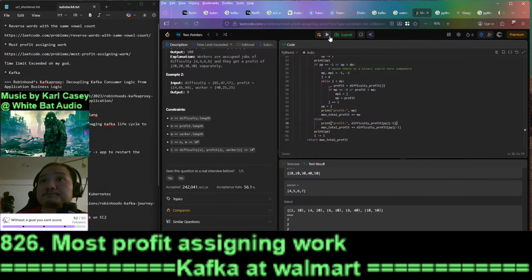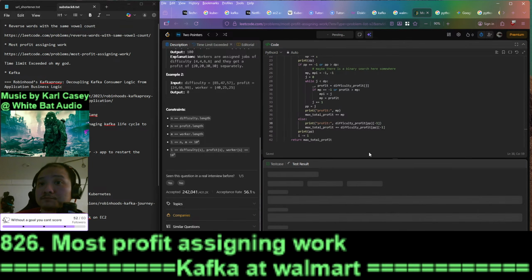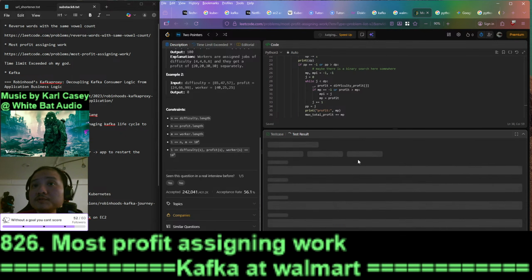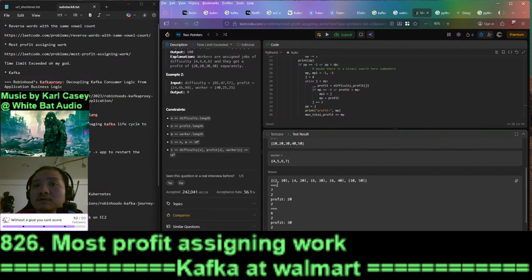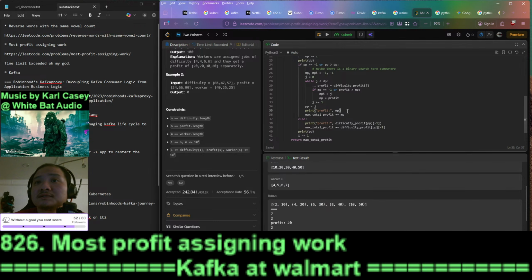Okay. 0, 1, 2, right? 3 plus 7. Profit's gonna be, oh, has to be 30. Okay. So let's print, regardless, let's print the PP is true. 0, 1, 2.